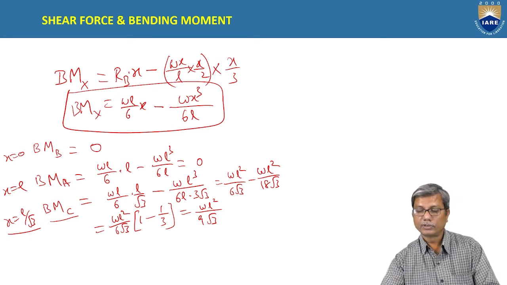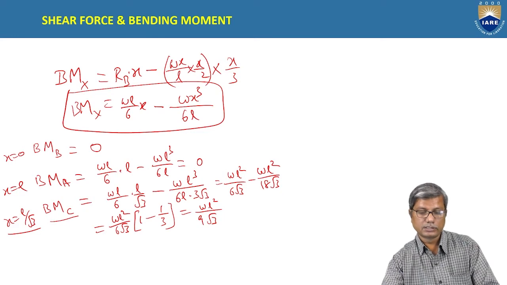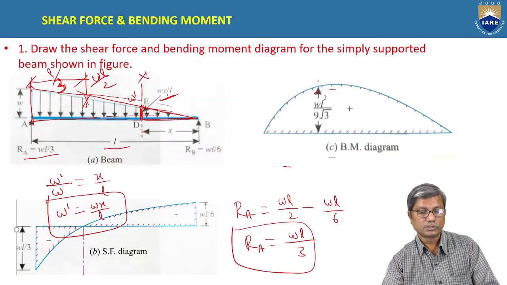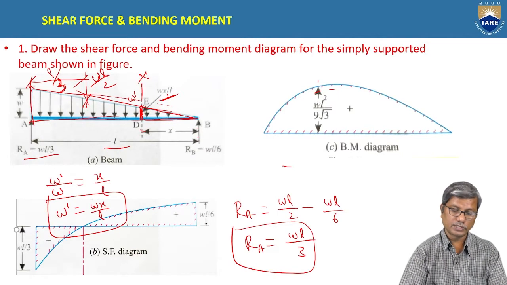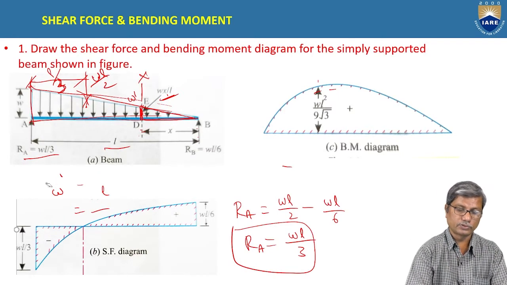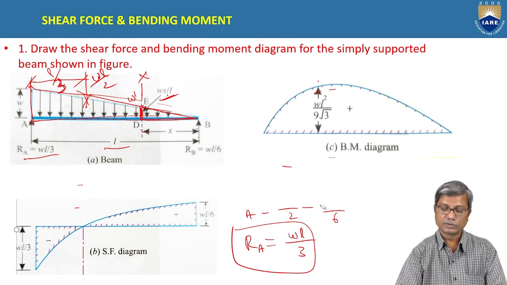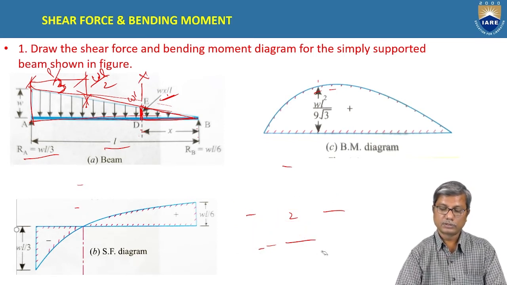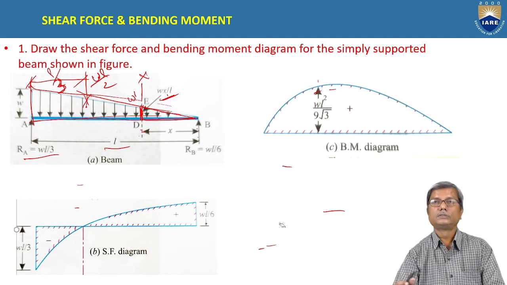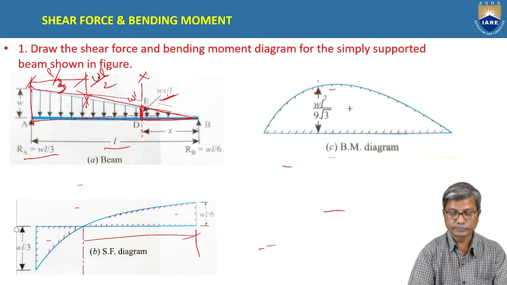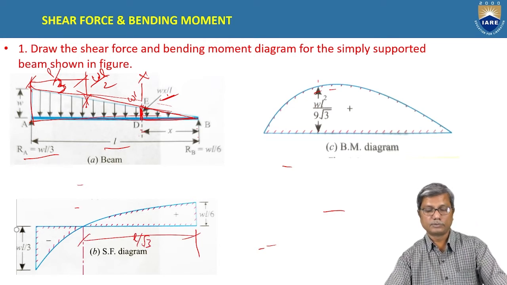Now you can see the shear force and bending moment diagrams, which are shown in the previous slide here. You can see the shear force diagram. Here this distance is L by root 3, what we are talking about.